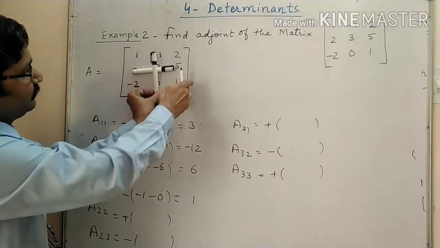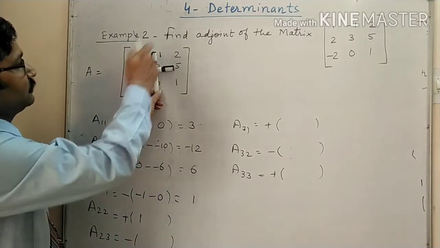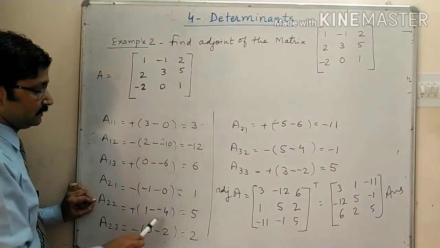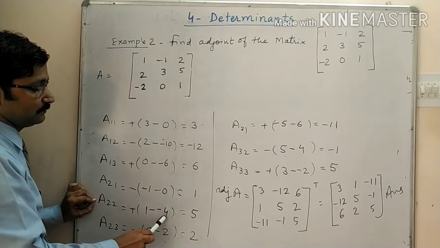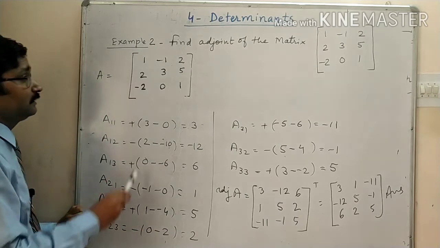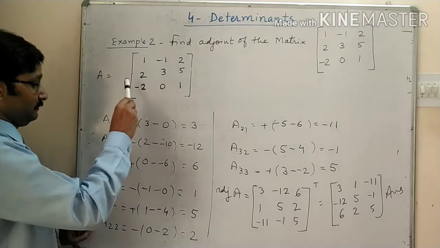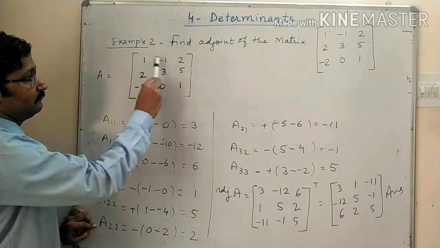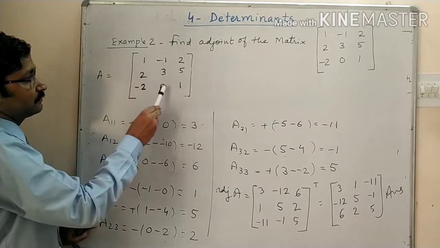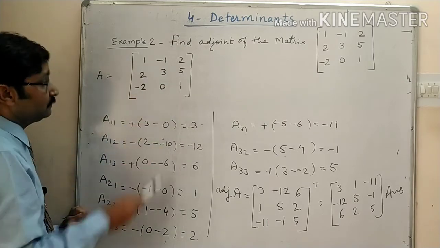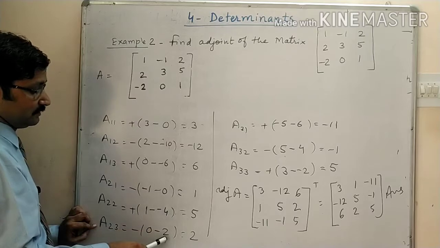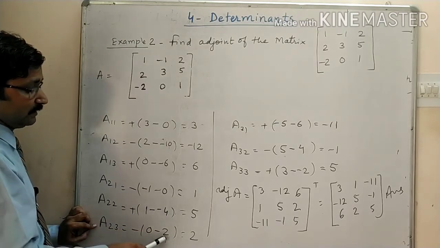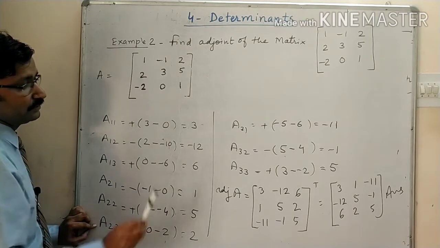So what do you get? 1 into 1 is 1, and minus 2 into 2 is minus 4. So 1 minus minus 4 will be 5. Here how can we find A23? Second row and third column we do not take, so for 1, minus 1, and minus 2 and 0, cross multiply: 1 into 0 is 0, and minus 2 into minus 1 is 2. So 0 minus 2 is minus 2, and with the minus outside you have 2 here.